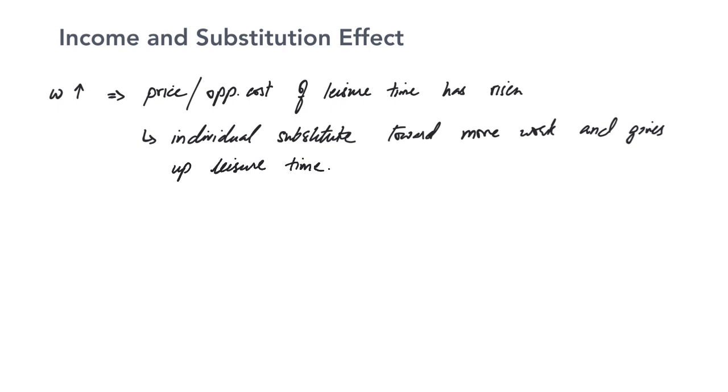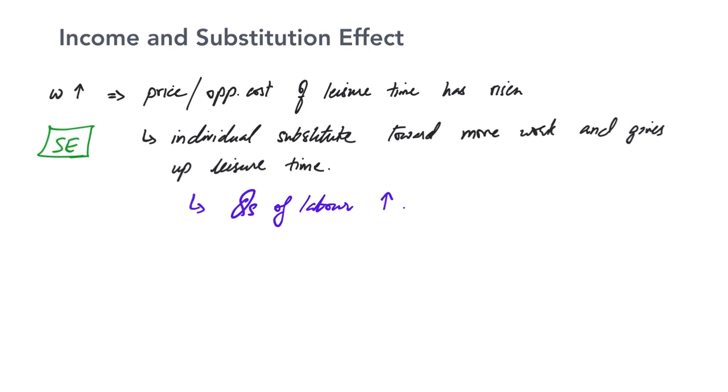When they do that, this is your substitution effect. And why is that happening? Because the worker feels sitting at home, the leisure time is costing me too much. I don't want to do that. So, as a result of this decision, the quantity supplied of labor goes up.